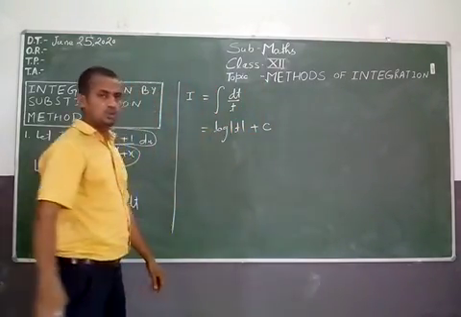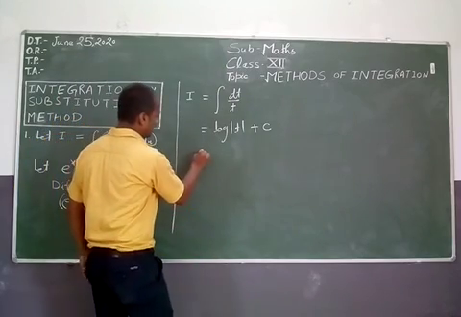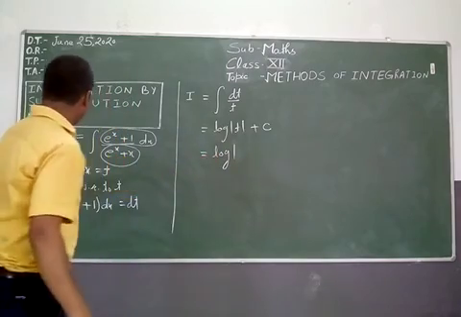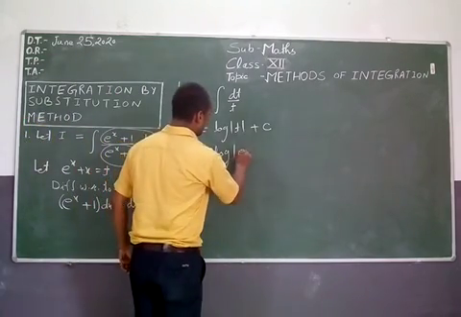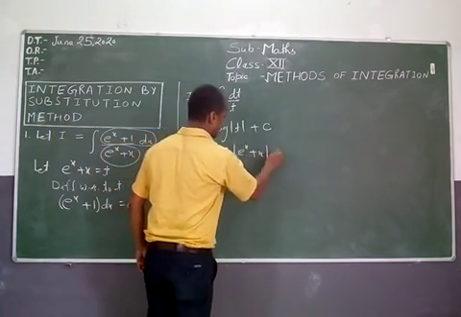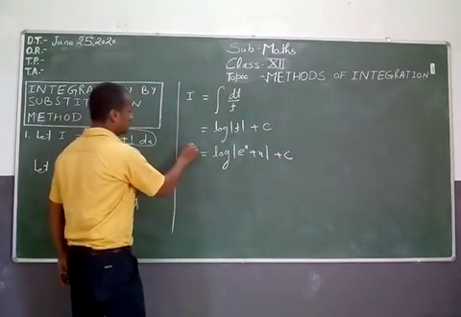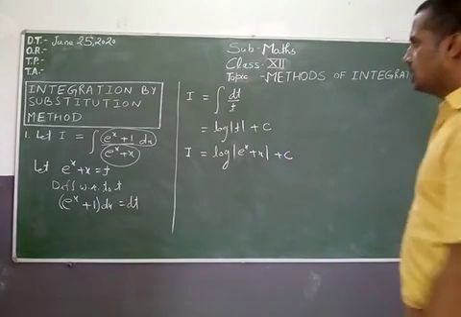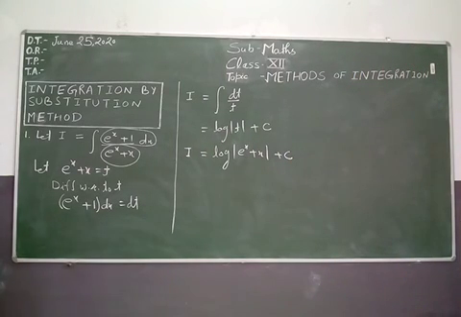Now we can substitute the value of t here. Value of t, we have e power x plus x plus c. This is the integral of given function I equal to integral of e power x plus 1 upon e power x plus x.